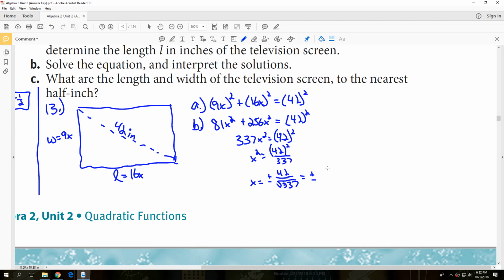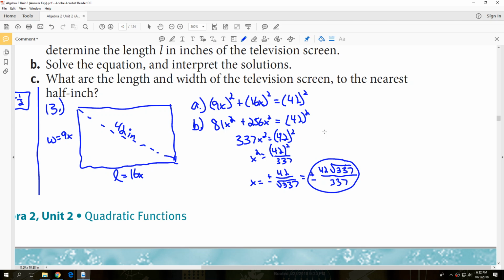So x is equal to 42 times the square root of 337 on the top, which cannot be simplified, by the way, divided by square root of 337 times square root of 337 is 337. Okay, so that's it. That's x is equal to plus or minus 42 times square root of 337 over 337.